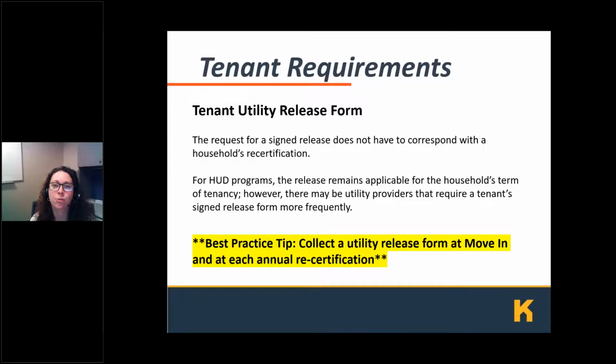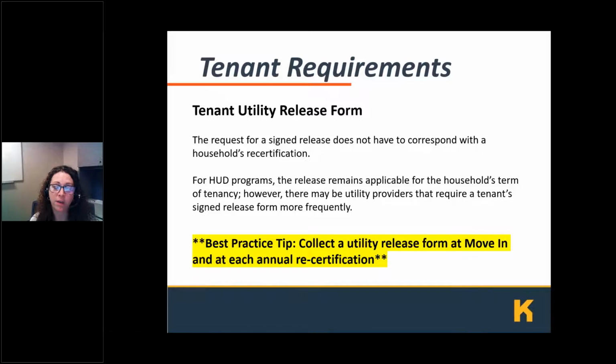So that leads us to our next best practice tip. Collect a utility release form at every move-in and at every annual recertification. I think that's going to save everyone a lot of time, kind of last minute trying to collect these utility releases when it's time to do your baseline. If you make that just part of your process, that you have to collect information from the tenant anyway during that time, you're going to be in communication.